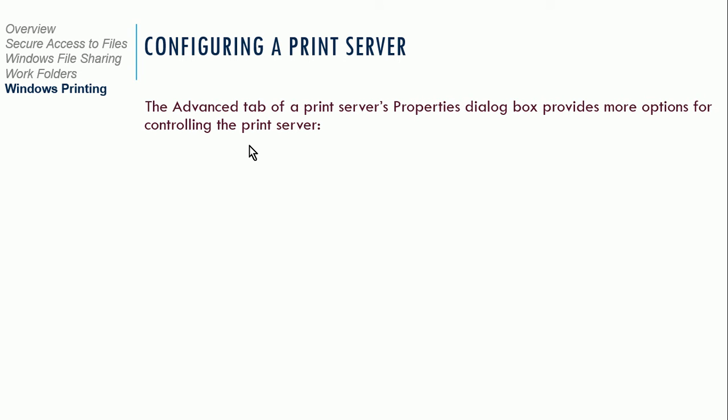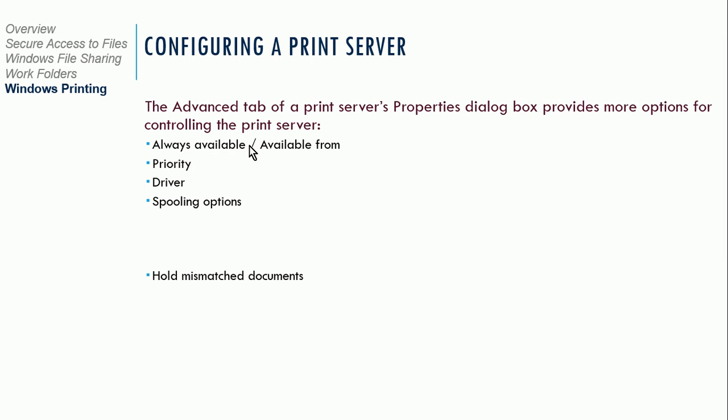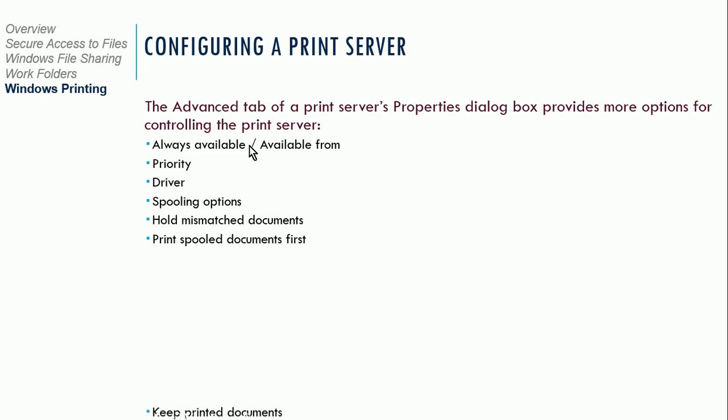The Advanced tab on the Printer Services Properties dialog box provides more options for controlling the printer. So from there, you can set when it's available. So have it always available or only available during certain times. You can set the priority. You can install the driver or configure the driver. The spooling options for that printer: hold mismatched documents, print spooled documents first, keep printed documents, and so forth.